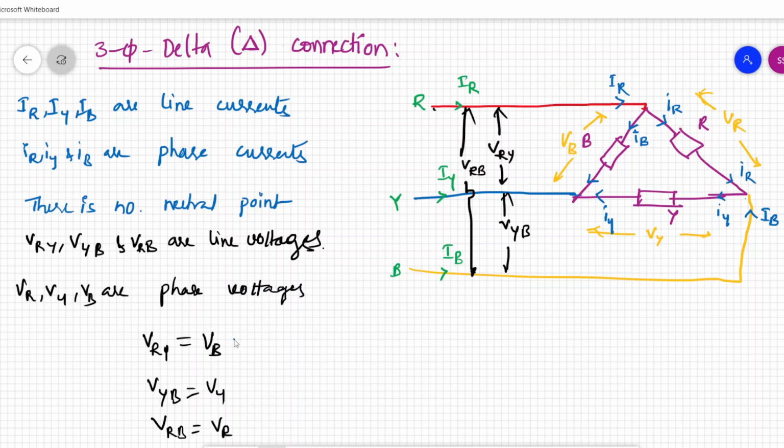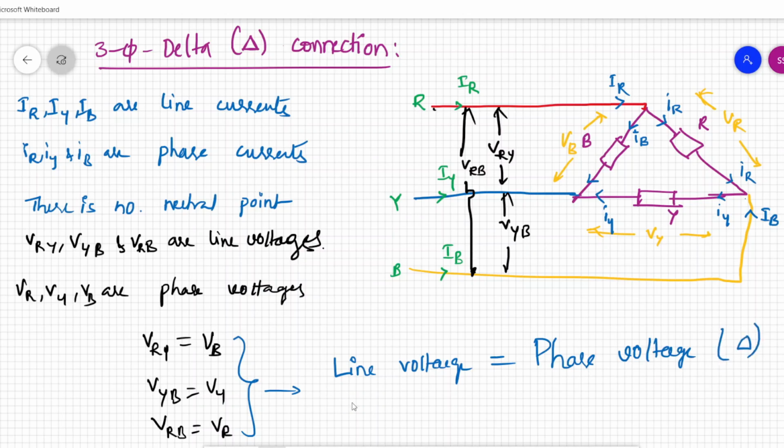So I can conclude from this that line voltage is equal to phase voltage in delta connection. But when it comes to line current, it is dividing, and it is √3 times the phase current.